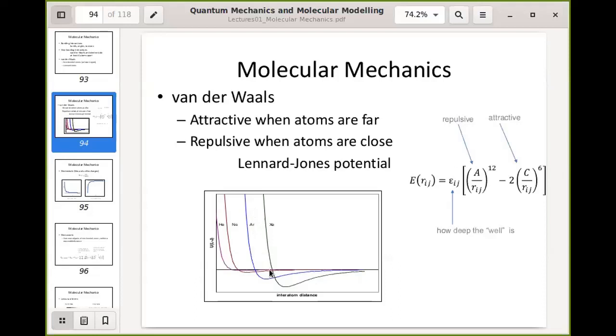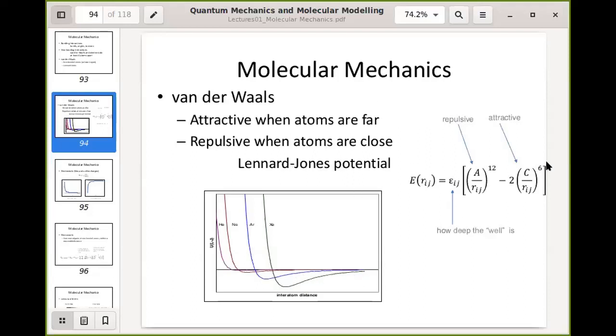And a function that people have thought up that seems to match this quite well is a Lennard-Jones potential, which has something to the power of 12, a very high repulsive value. Something to the power of 12 scales really, really high. And then something to the power of 6, which is not quite so powerful, a very weak attraction for the long distance.